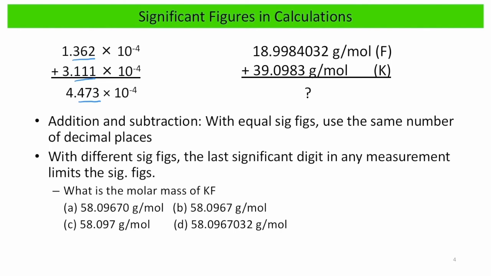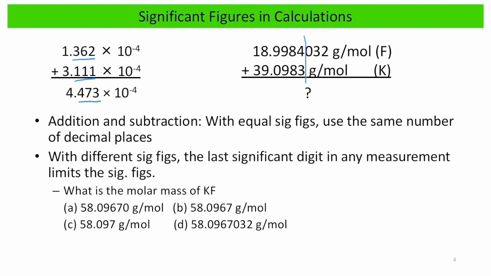So where is this number going to be cut off? All you have to do is look at the measurement that has the fewest number of digits after the decimal place. That ends up being the potassium. And then simply cut off your calculation right there, in terms of number of significant figures that are needed.